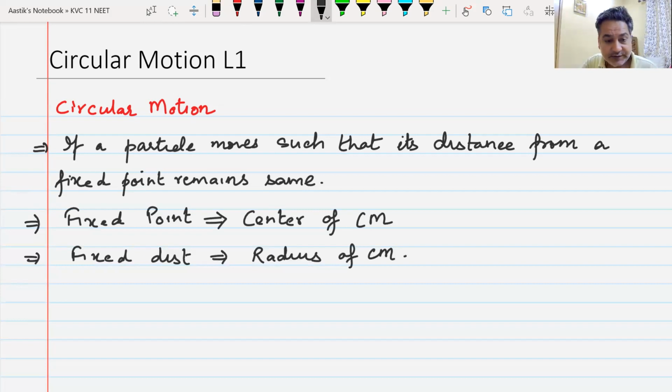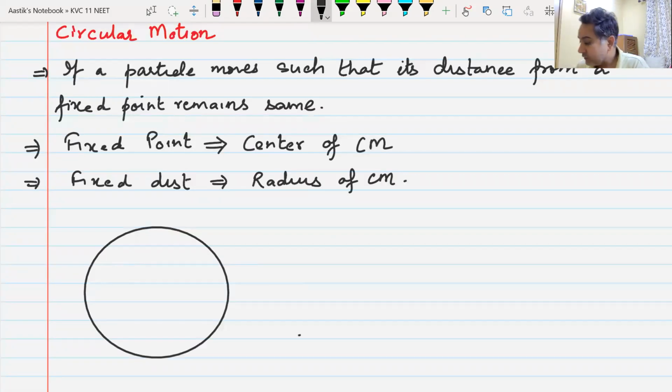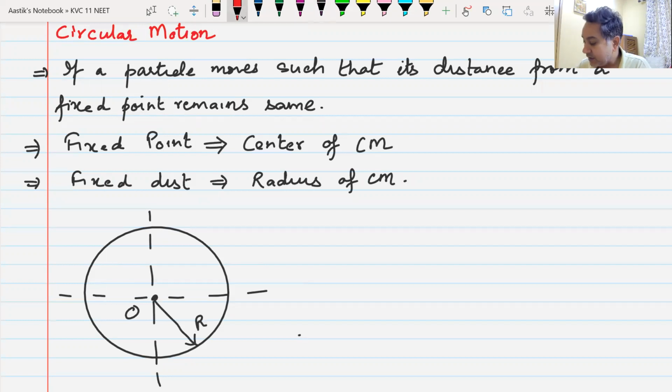So if I draw it in this way, if any particle moves like this, here is the center O and the radius of this circle is R, and there is a particle moving such that at some time it is at A, at some time it is at B, then C, then D, then E, then F, then G, then H, and so on.